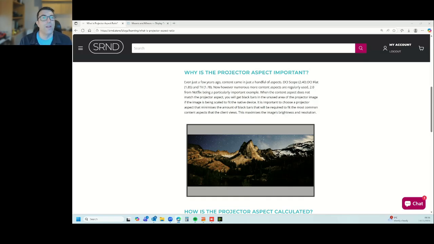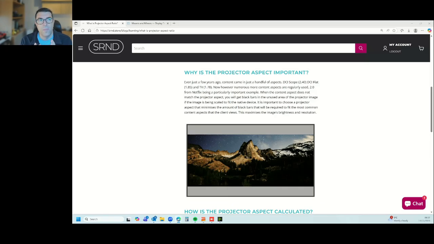There's really no way now that you can pick a screen and say that's going to fit all the content. It just doesn't happen. Now, that obviously impacts the thought process of people who make projectors. Before we get into more complex stuff around content though, there's one thing that catches people out all the time still.